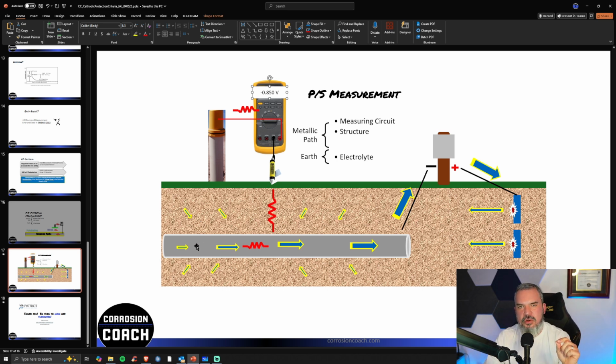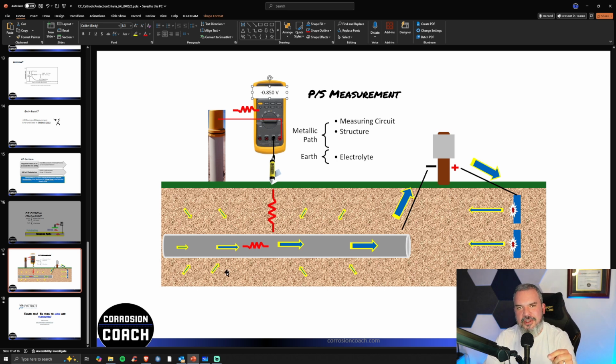And then it's going to use the pipeline as a metallic path, because that's going to help it get back to the rectifier. And then as it approaches the rectifier, it's going to use this negative connection, or this negative cable, to get back home. And then we go down the positive side again, off the anodes, corrode the anodes on purpose, through the earth, collect on our pipe, round and round we go.